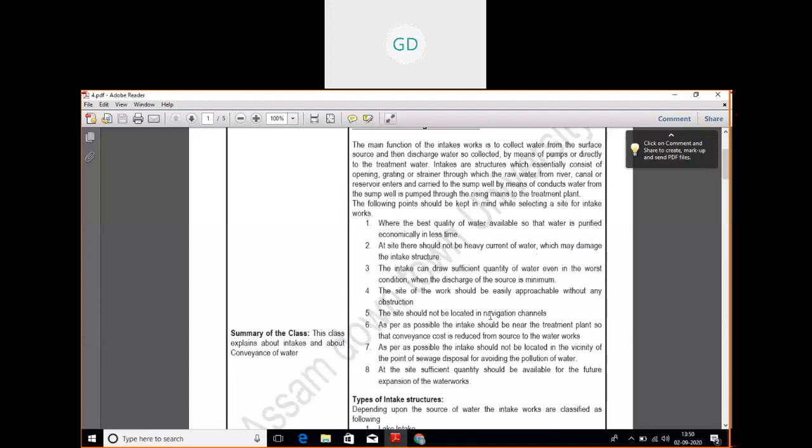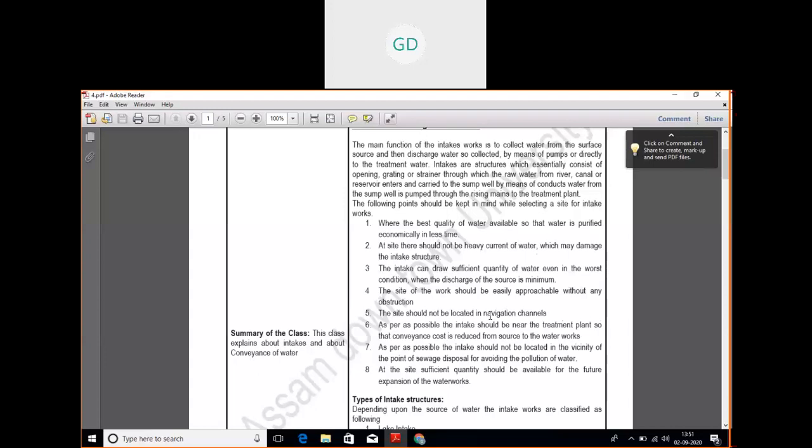What does it mean? The intake structure should be near the treatment plant so that the cost of conveying the water to the city will be less. Obviously the length of the pipe will be less. If it is near the treatment plant, then it will be easy.